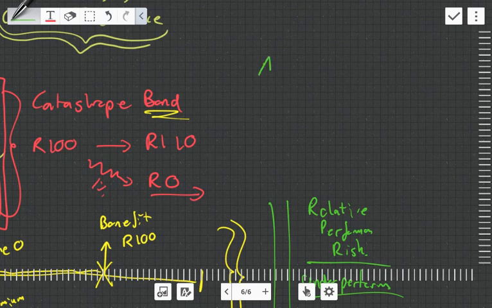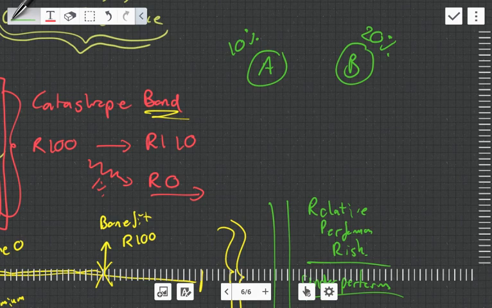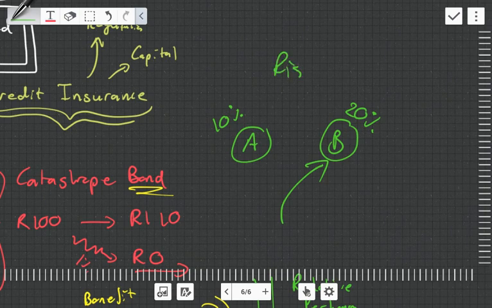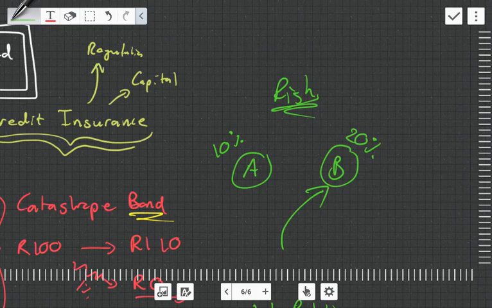Think about it. If you had a choice between company A and company B to manage your money, company A got a 10% return last year, company B got a 20% return last year. You're going to say, okay, I'm going to go with company B. However, you might say, but what about the risk? However, you know that with asset management they have regulations.